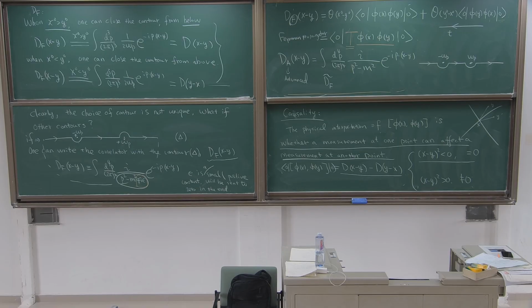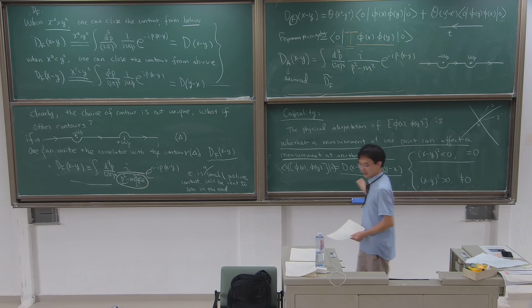So acting by this operator is roughly explained by a measurement. If these 2 operators commute, this measurement and that measurement have nothing to do with it. They don't affect each other. Then there is no causal relation.